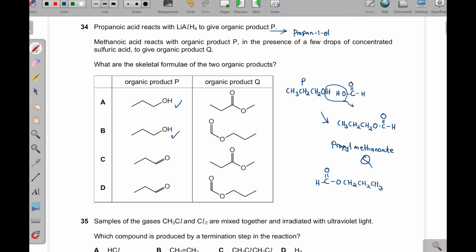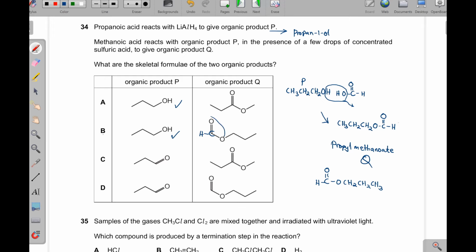It's the same thing. Now, if I look at this one here, it is CH3CH2 then COO. That means the carboxylic acid is propanoic acid here for Q. So this is wrong. The carboxylic acid is methanoic acid, so it has to be this other side here.